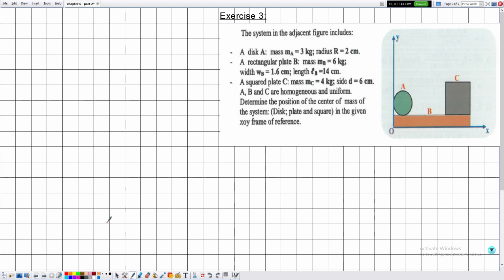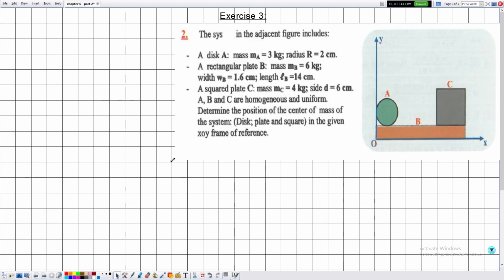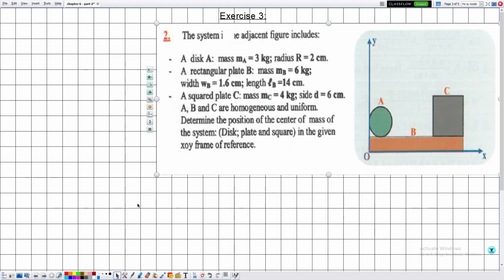And now let's move to exercise number 3. They are telling me the system in the adjacent figure includes a disk A, mass MA is equal to 3 kilograms and radius R is equal to 2 centimeters.